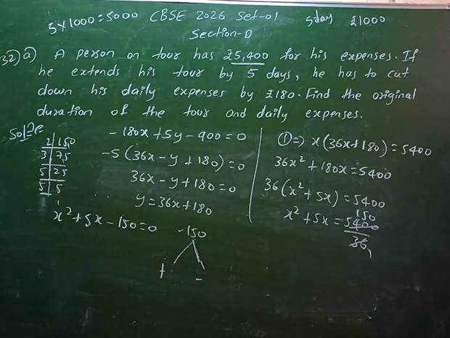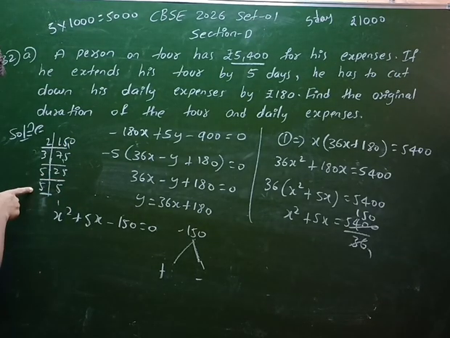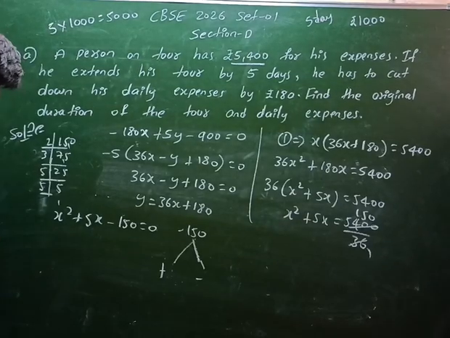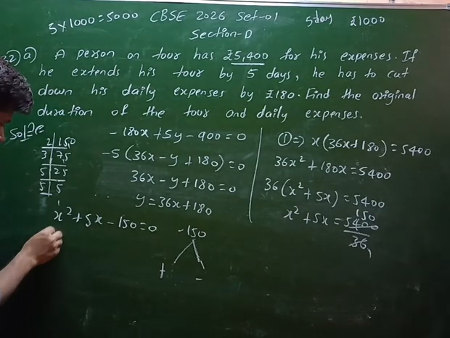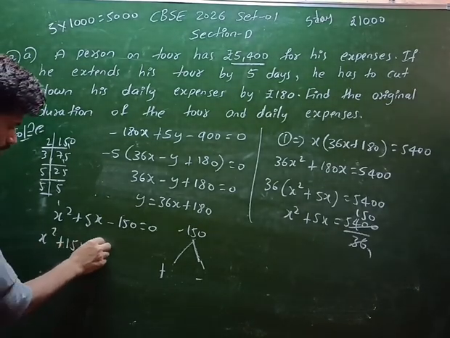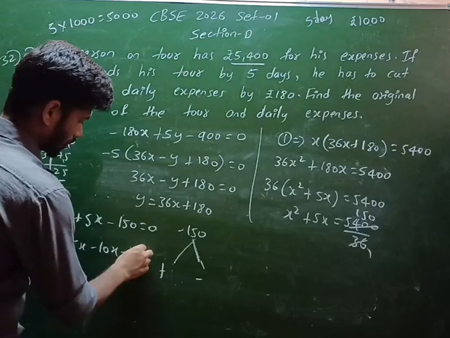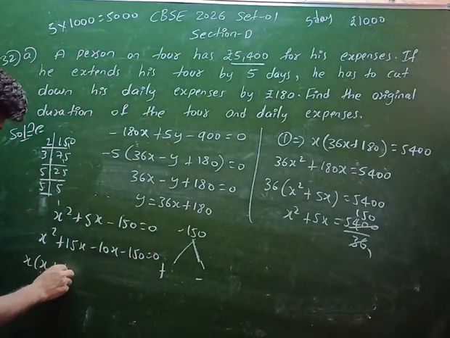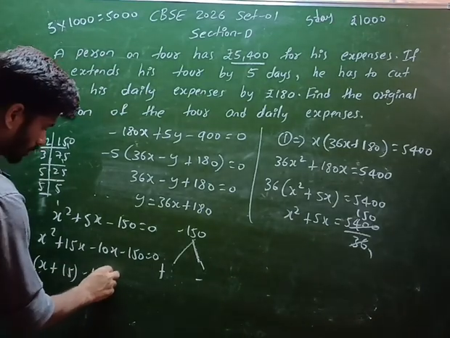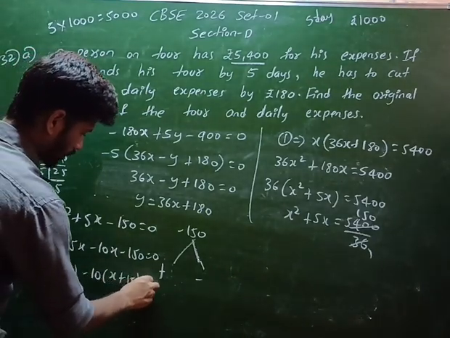So we want a difference of 5. 25 minus 6 we can't take. 15 minus 10 we can take. So x square plus 15x, minus 10x, minus 150 equal to 0. Taking x common gives x plus 15, and taking 10 common gives x plus 15. Then x plus 15 common, x minus 10 is left, equal to 0.